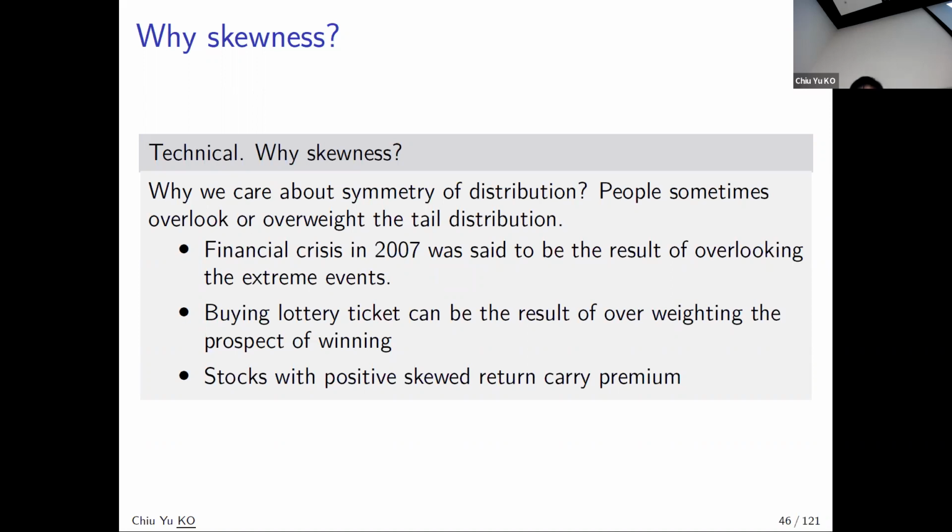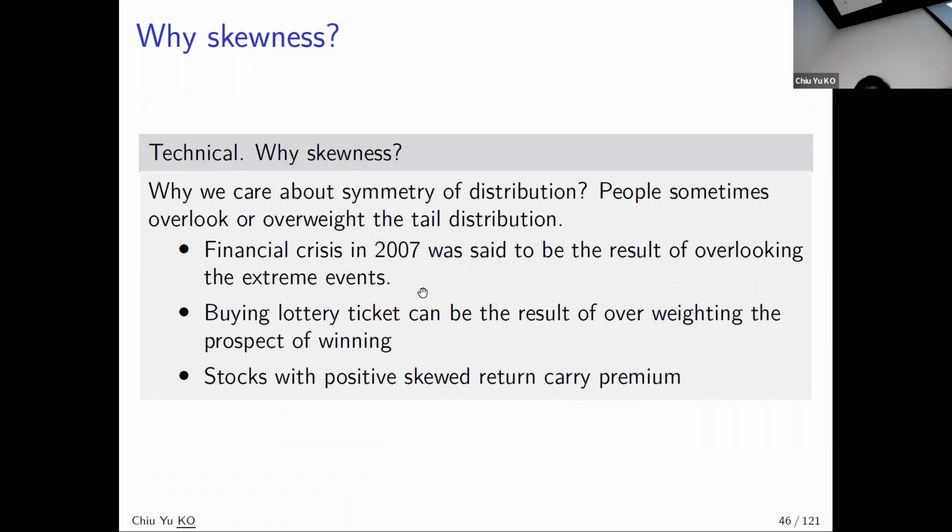As I said, in the financial crisis in 2007, people said people don't take into account extreme events, okay? Skewness can tell you that it's important. And later, that relates to kurtosis, which we'll talk about very soon. The skew is a very important measure.